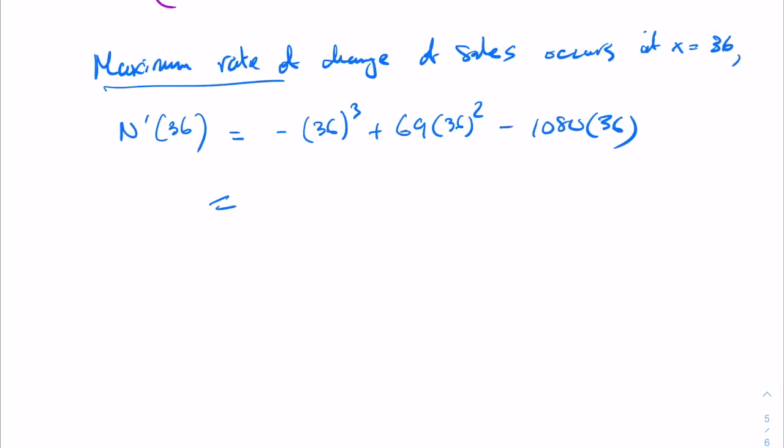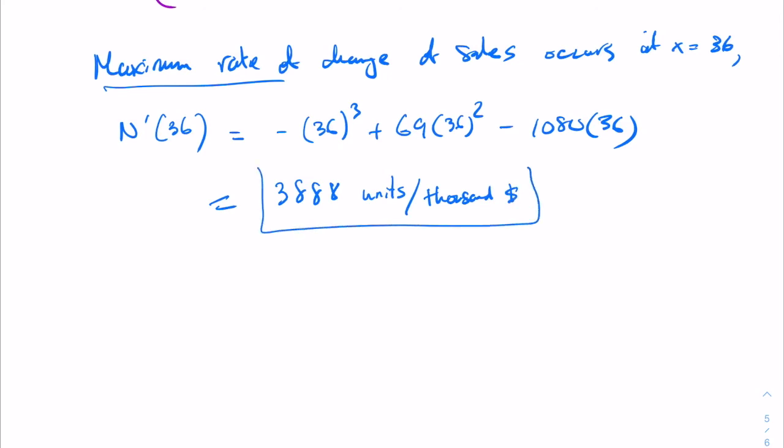So negative 36 cubed, all right, plus 69 times 36 times 36, and then minus 1080 times 36, and so we have 3888. So this means the maximum rate of change is 3,888 units of that new product per $1,000 spent on advertising. Okay.